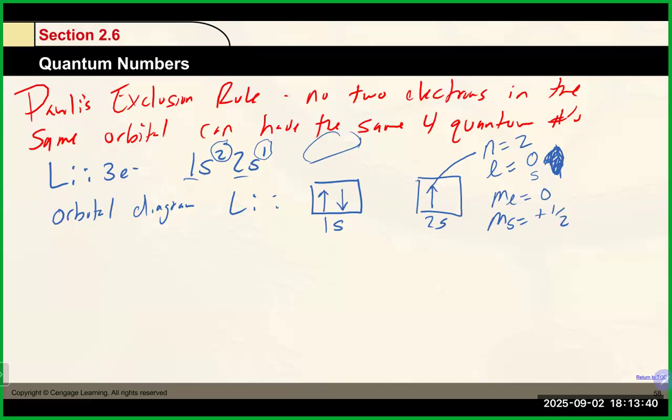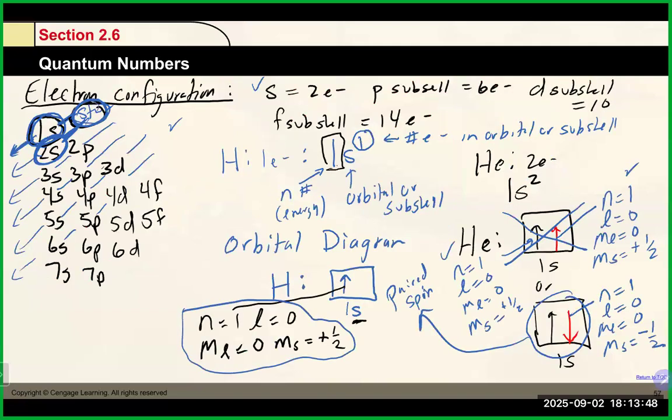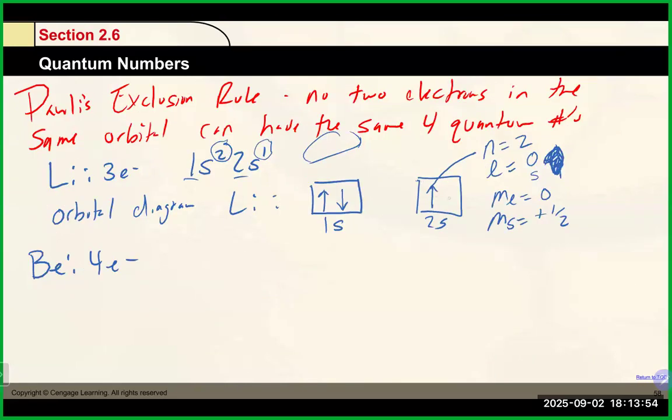Let's then continue to roll here a little beryllium action, which is 4 electrons. Once again, we're going to start at the top here. So we could go to our 1s, we're back to our 2s. And as we can see in our picture, we do have room in that 2s for one more electron. So this is going to be 1s2, 2s2. This now means I have 2 electrons on the second energy level, and I have 2 electrons on the first energy level as well.